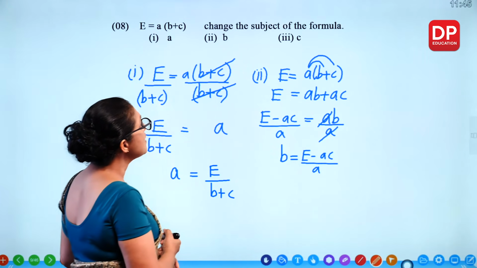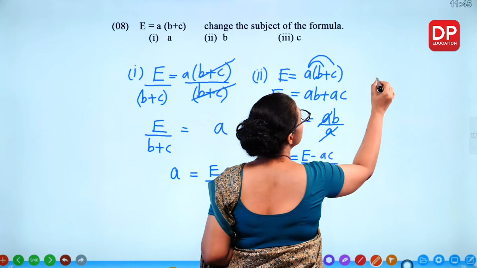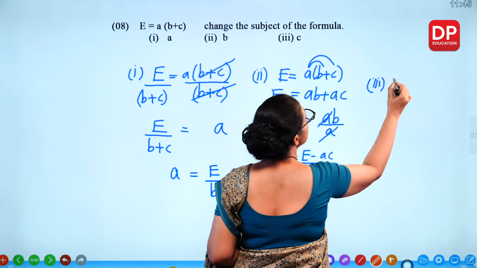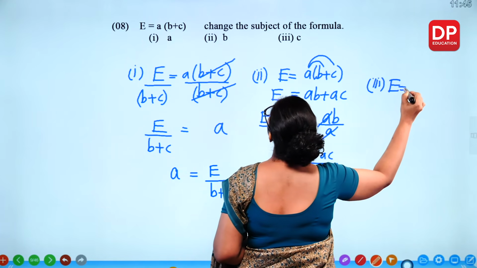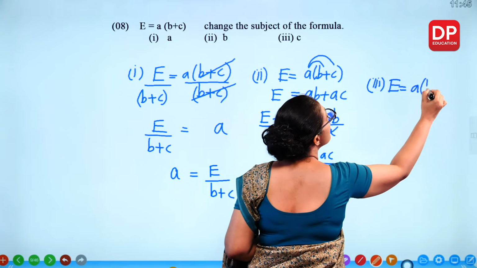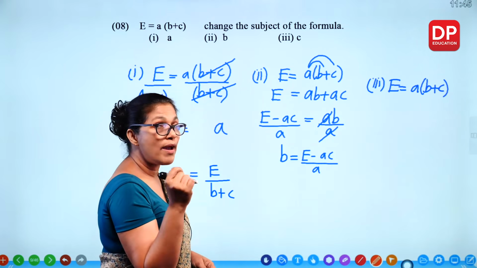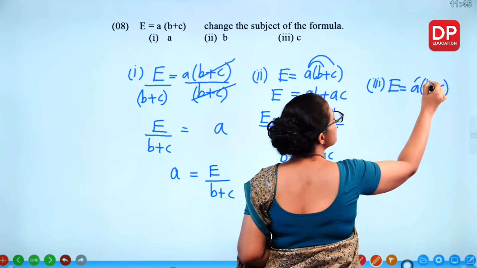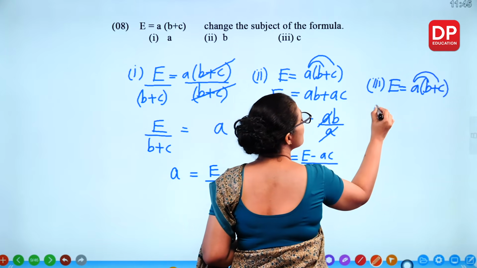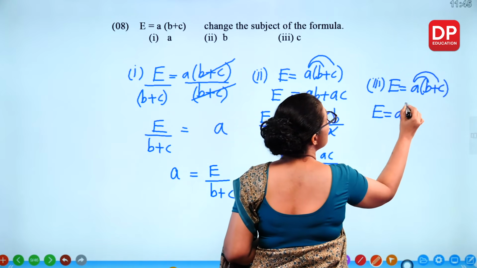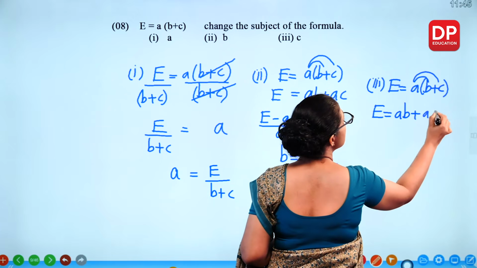Now make C the subject of the formula. E equals A, B plus C. C is also inside brackets, so you need to expand brackets here. So E equals AB plus AC.